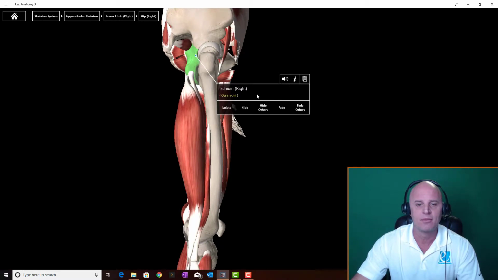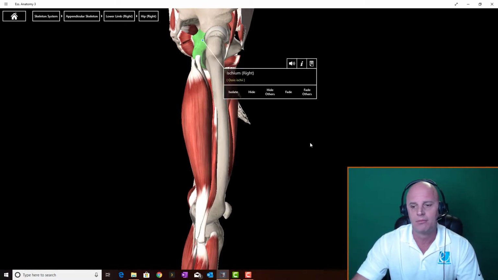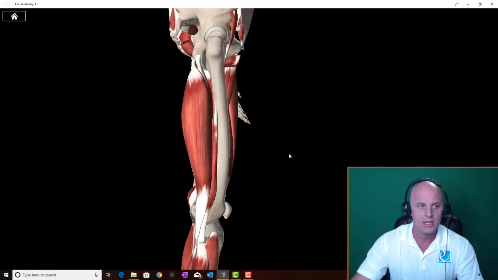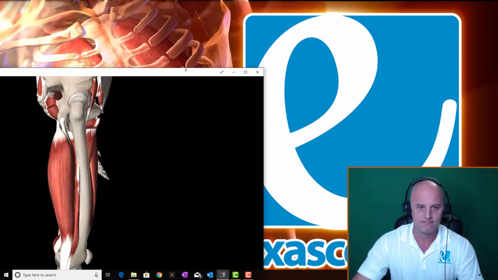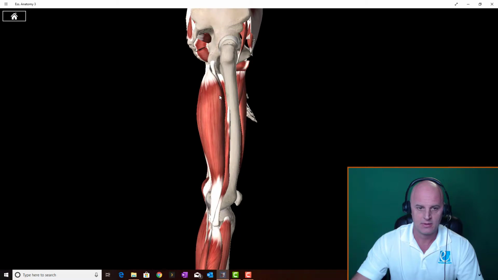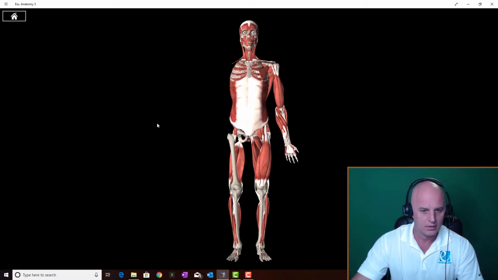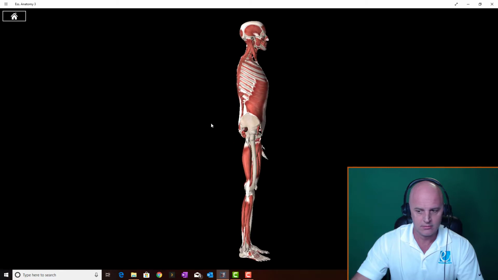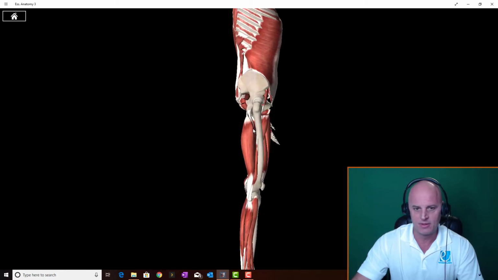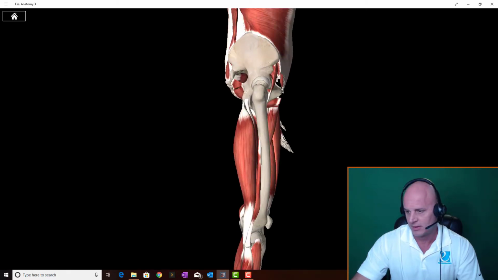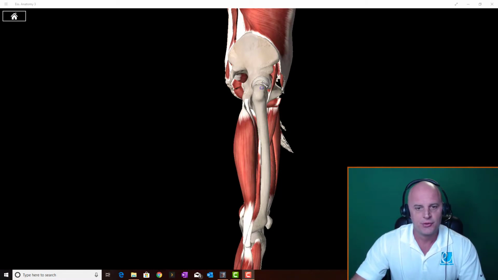So let's look at that from an action standpoint. Let me do it this way. All right. Coxal joint's right here.